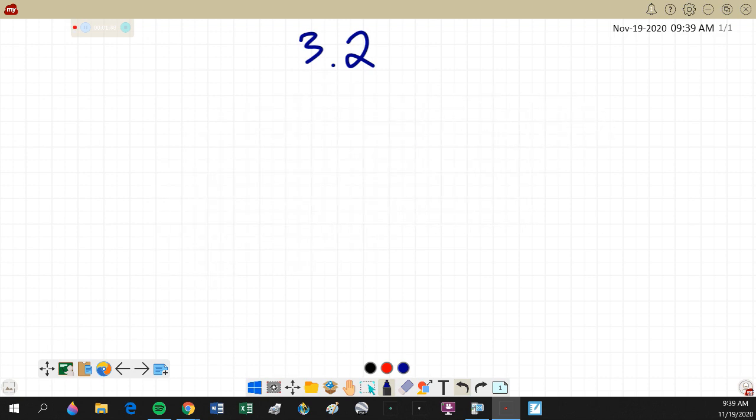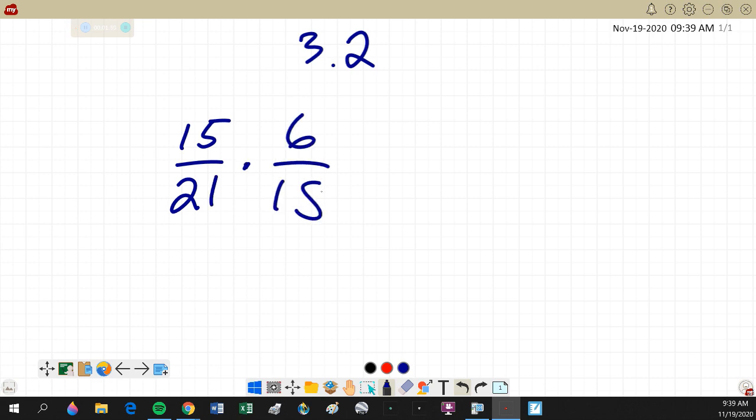So let's say I had 15 over 21 times 6 over 18. Now, I don't want to multiply these together and get huge numbers and then use those huge numbers to create a smaller fraction.